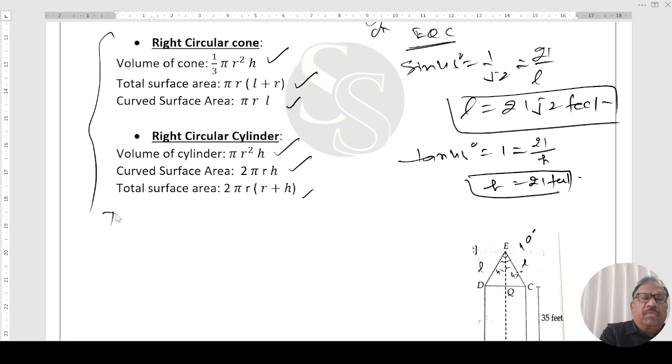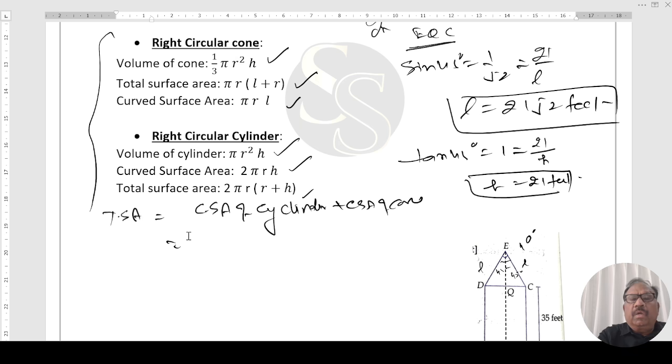So total surface area of the building will be equal to curved surface area of cylinder plus curved surface area of cone. That is curved surface of cylinder, 2 pi r h, cone pi r l.